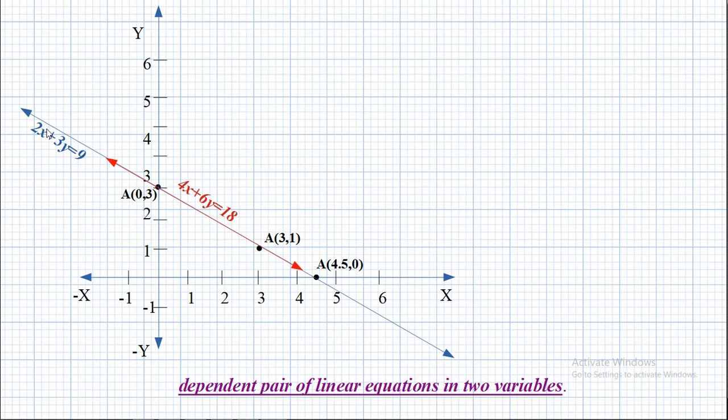All the points lying on the first line are common to both lines. In this case, there will be infinitely many solutions, and this pair is called a dependent pair of linear equations in two variables.